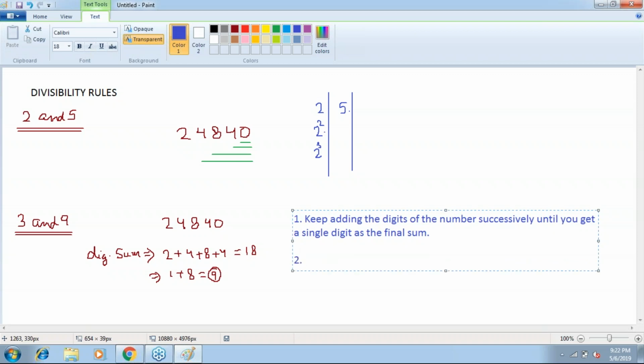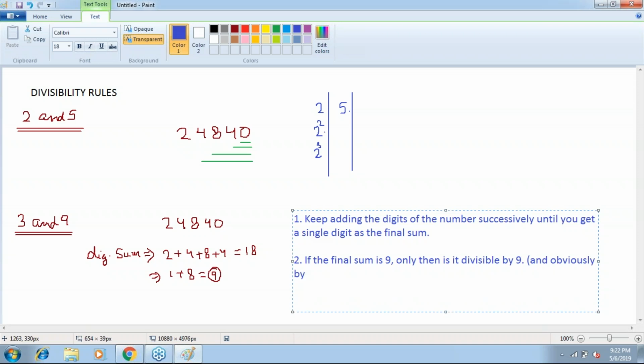Second, if the final sum is 9, only then is it divisible by 9, and obviously by 3 also.